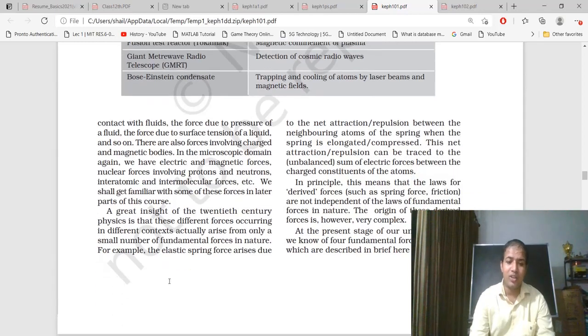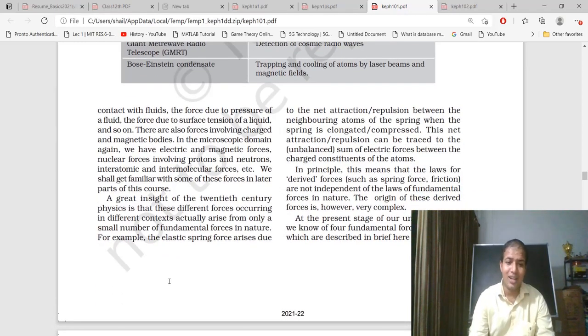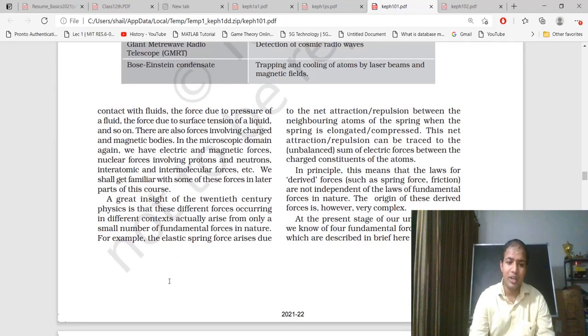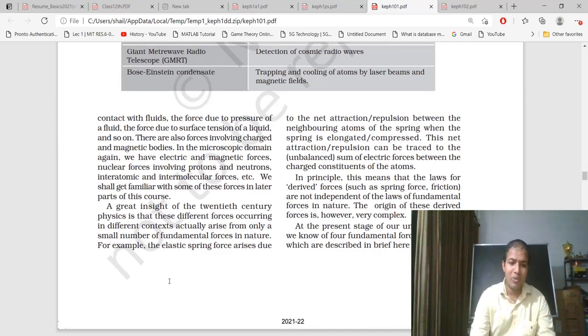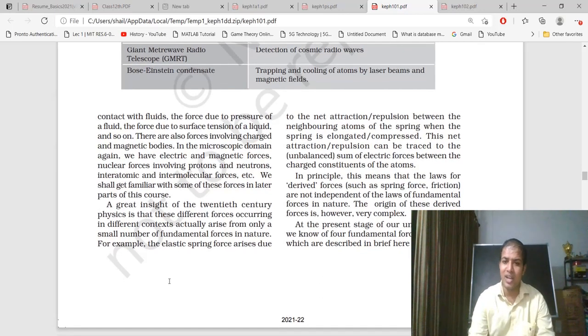The great insight of 20th century physics is that these different forces occurring in different contexts actually arise from only a small number of fundamental forces in nature. For example, elastic spring force arises due to the net attraction-repulsion between the neighboring atoms of the spring. When the spring is elongated or compressed, this net attraction-repulsion can be traced to the unbalanced sum of electric forces between the charged constituents of the atom.